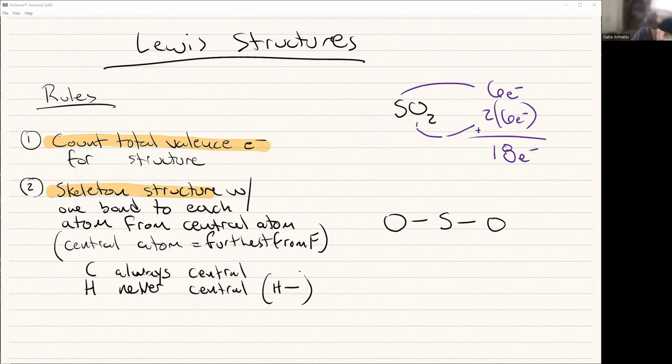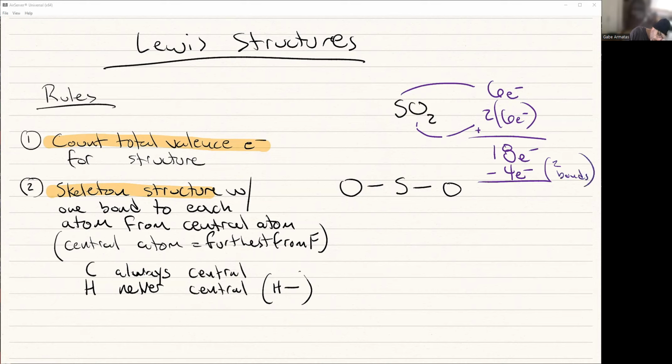I have just used 2 electrons. This bond right here has 2 electrons. This bond has 2. So I have used 4 electrons total. This is from the 2 bonds. So I'm down to 14 electrons left to add to my structure.